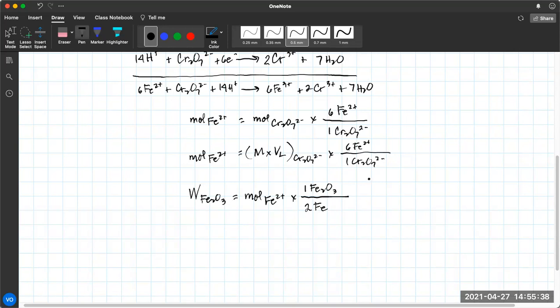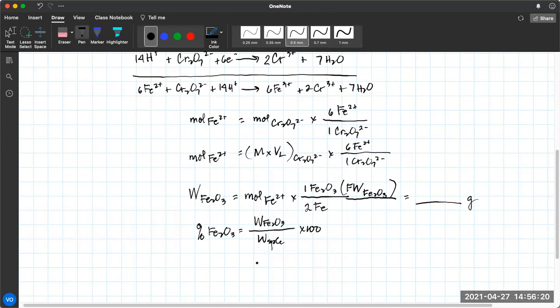Of course, we need to convert this to mass, so times the formula weight of ferric oxide, so that you'll get the weight of ferric oxide in grams. Then finally, calculate percent ferric oxide, which is the weight of ferric oxide over the weight of your sample times 100.